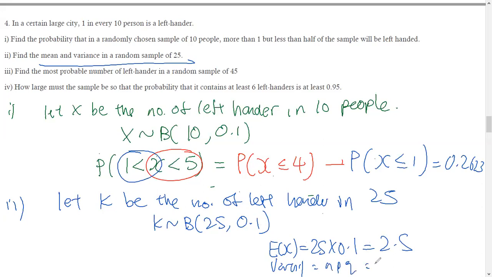So this will be 25 times 0.1 times 0.9, and this value will be around 2.25. Part 2 is just to show that if you change the sample size, by right you have to change the random variable. Next, let's move on to part 3.